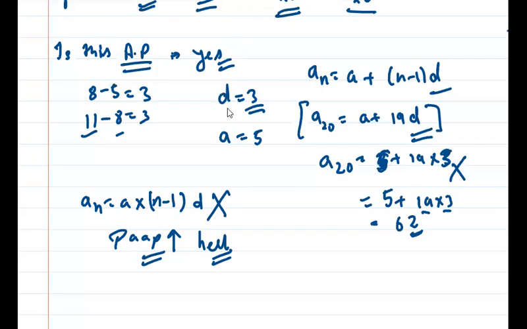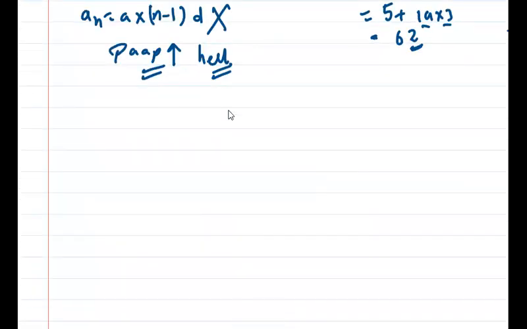Clear? Let's see one more problem. Suppose T20 is equal to 54 and the common difference is equal to 3.